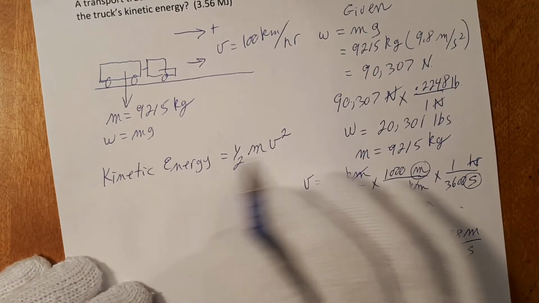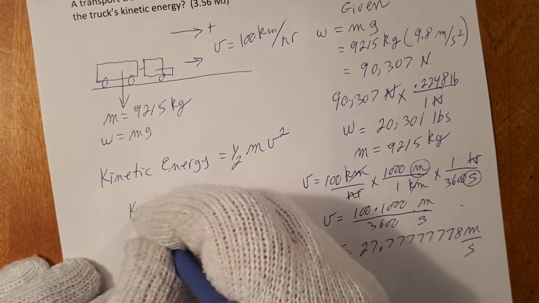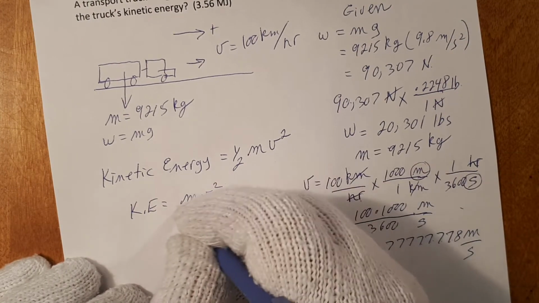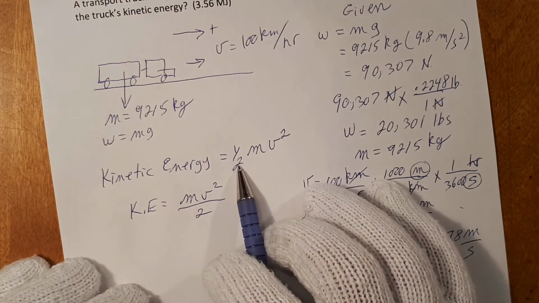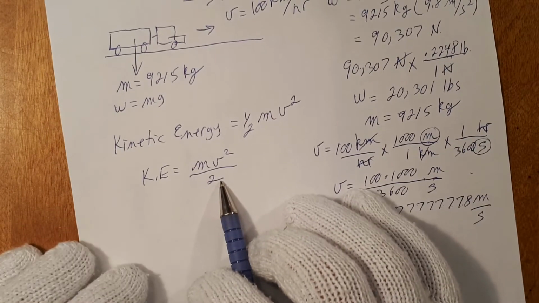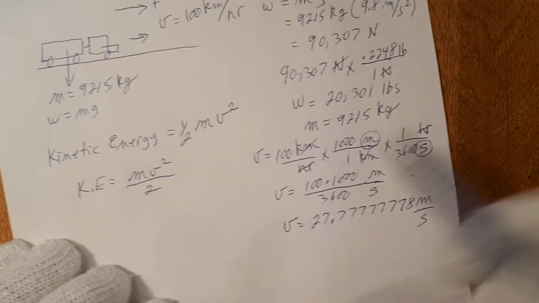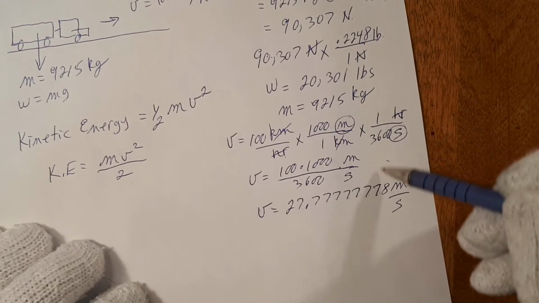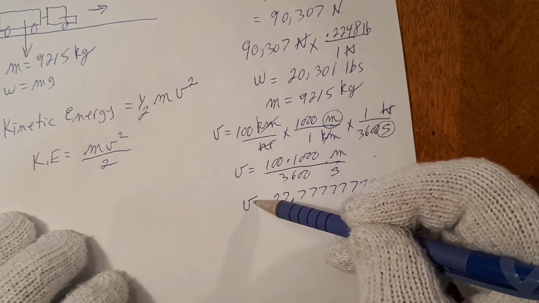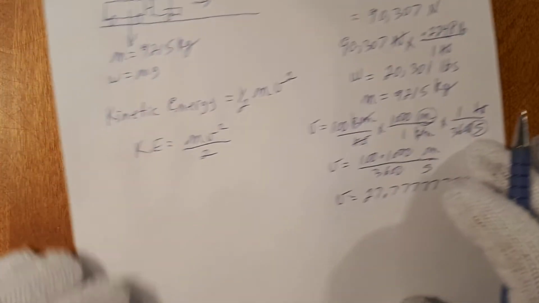Rearranging a little bit, its kinetic energy is equal to mass times velocity squared divided by 2. That's what that 1/2 means. Everything is divided by 2. So we have our equation, and we have everything we need here in proper base units.